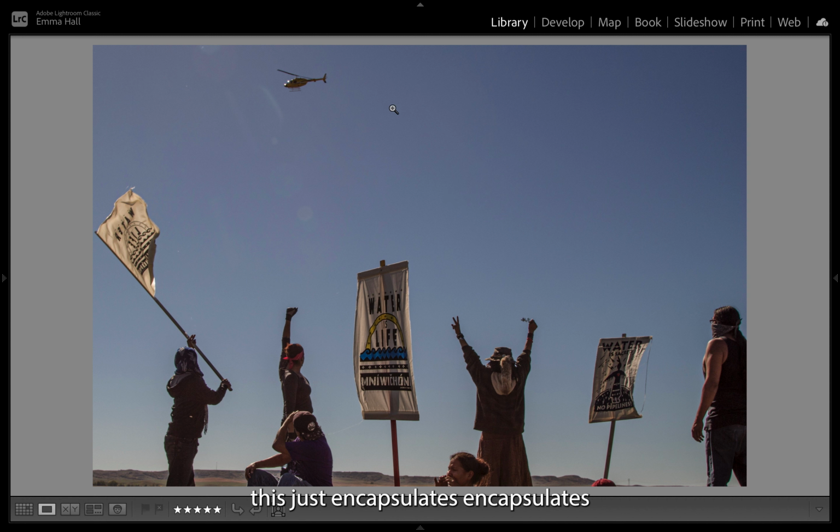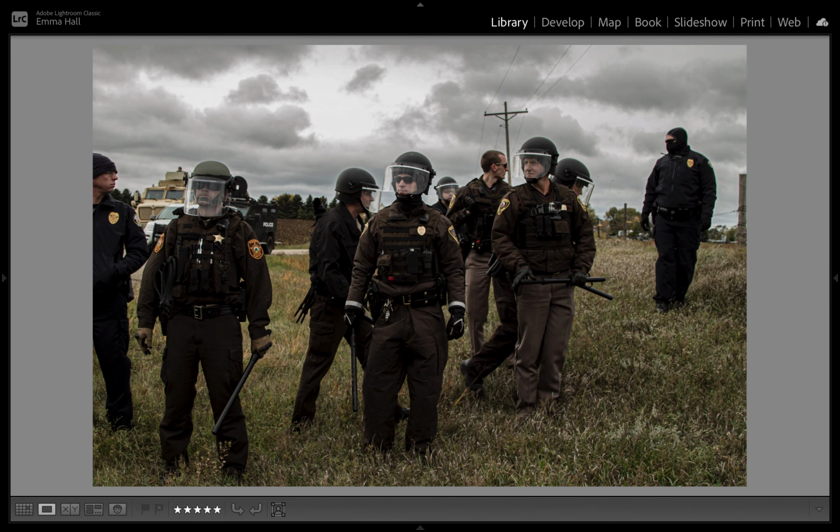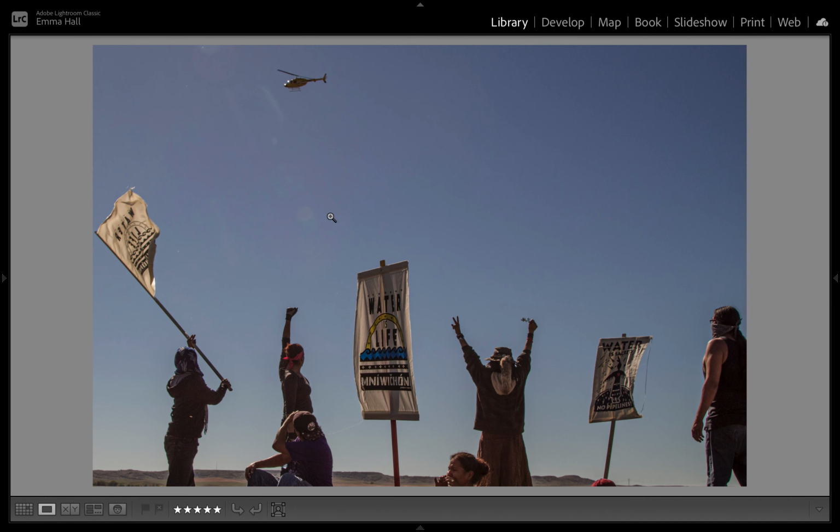So I think this just encapsulates the Standing Rock protests in a general way. It gives you very obvious information and also a glimpse into people, and has a little bit of an action shot that ties together this helicopter with the police officers. So I really like this photo.